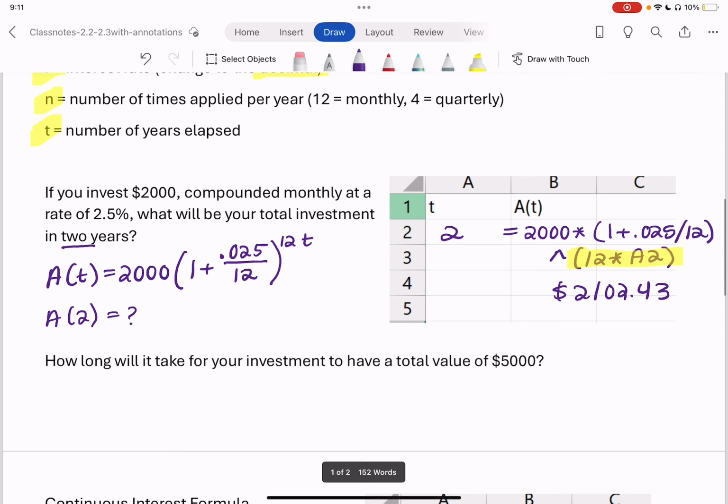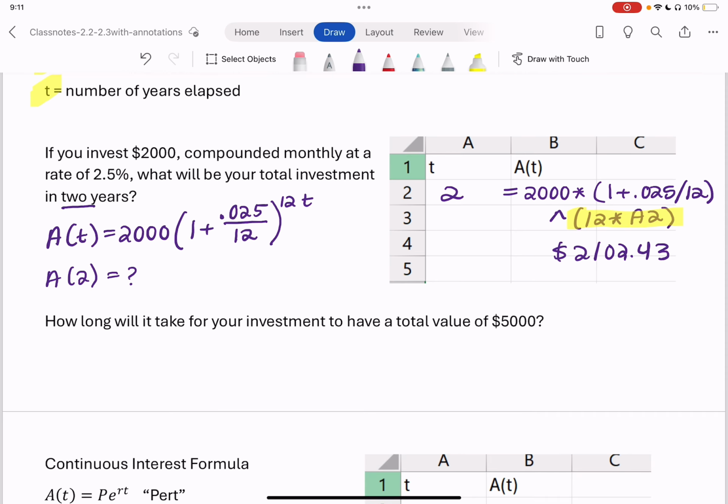Then here it says, how long will it take for your investment to have a total value of 5,000? We're going to solve this equation using Excel, setting that equal to 5,000. If we were to solve this by hand, we would have to use our logarithms.